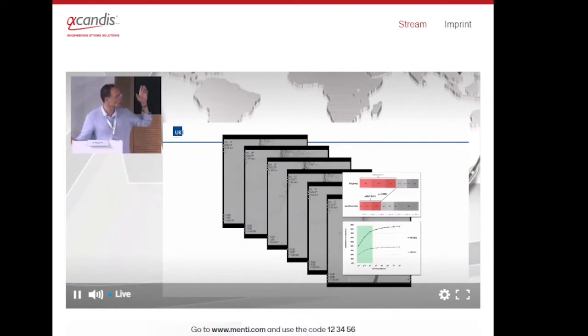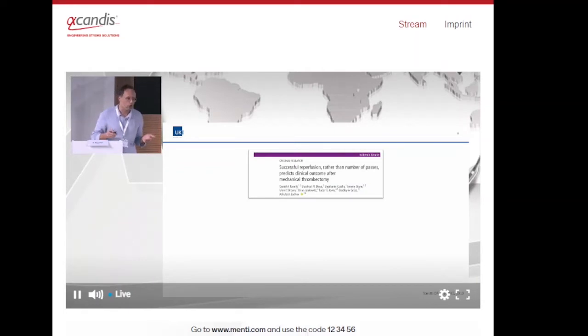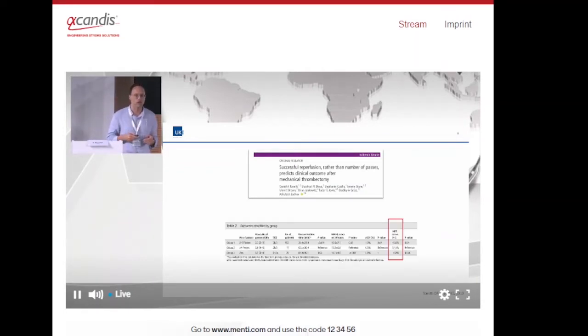So knowing about the first pass effect and data about the first passes and being futile, does it mean that I can go home and, like we say in Germany, make Feierabend? So we heard about that. Of course not. The most important predicting factor for good clinical outcome still, even after the 3rd pass, is the recanalization. So we have to go for recanalization.